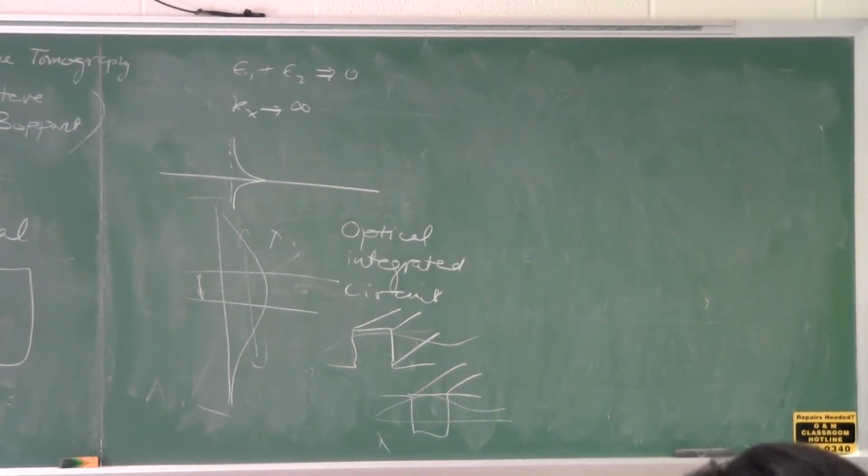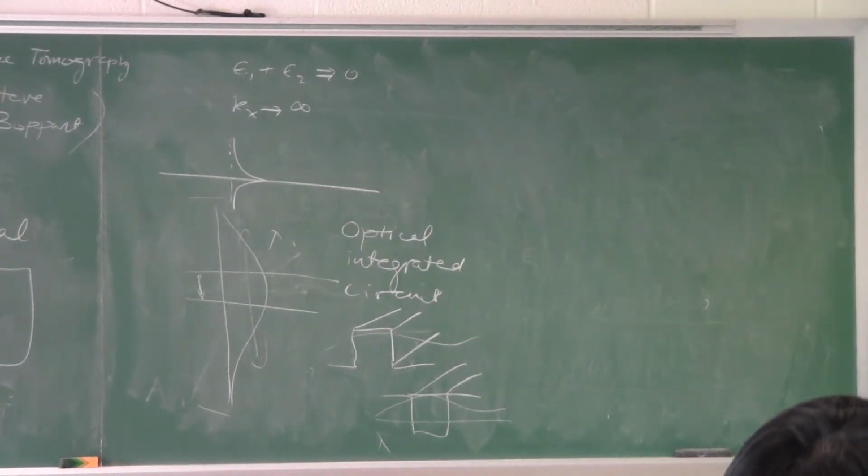But what about electronic IC? We can make wires on the order of 10 nanometers, 20 nanometers now. So for that reason, optical integrated circuit never could compete with electronic integrated circuits. Because in electronic integrated circuits, we can make them very, very small.